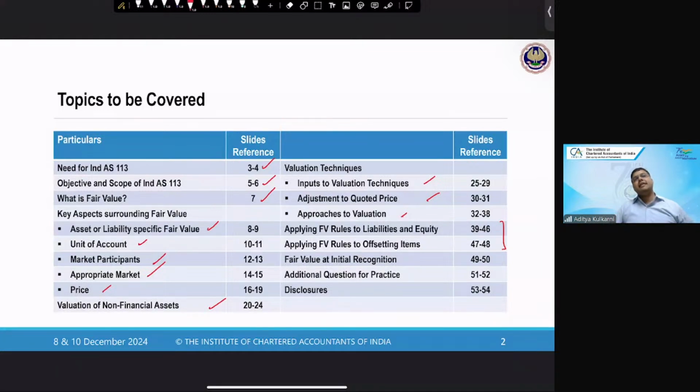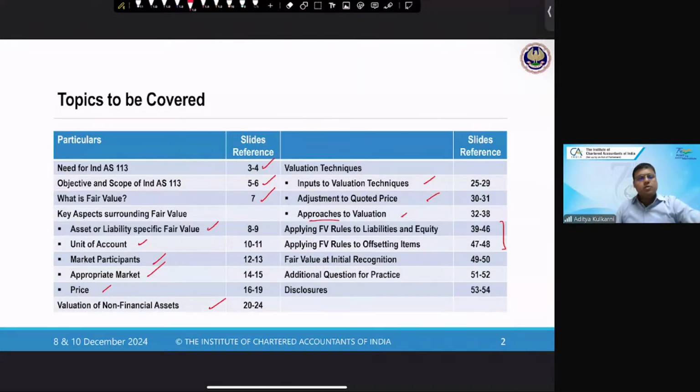I can either take the quoted price of my own debenture, for example, or similar entity, I will do some adjustment, level 2 valuation, or level 3 valuation, I will do a discounted cash flow approach and income approach to do the valuation. Then we move on to the next one, that is, if my liability is not an asset in somebody's books, then we will have to follow unobservable inputs most of the case.